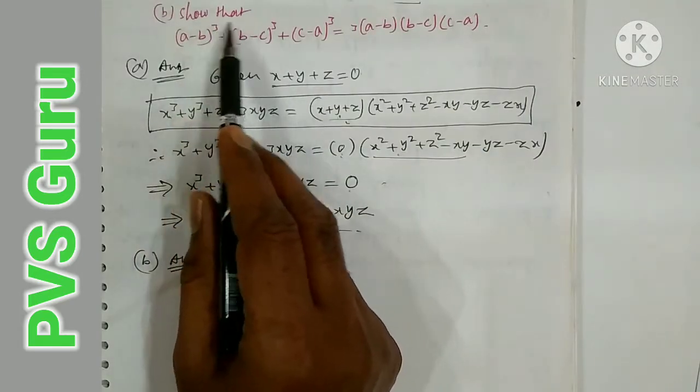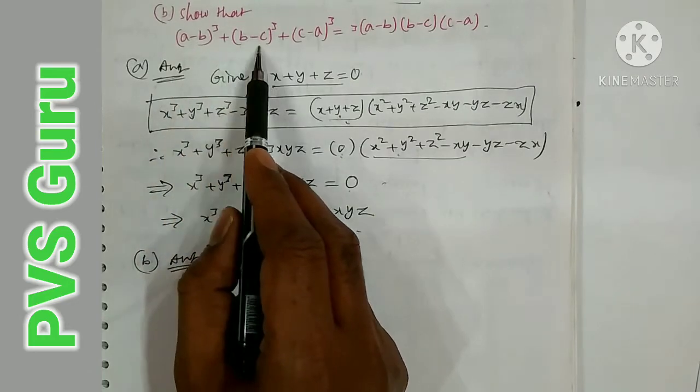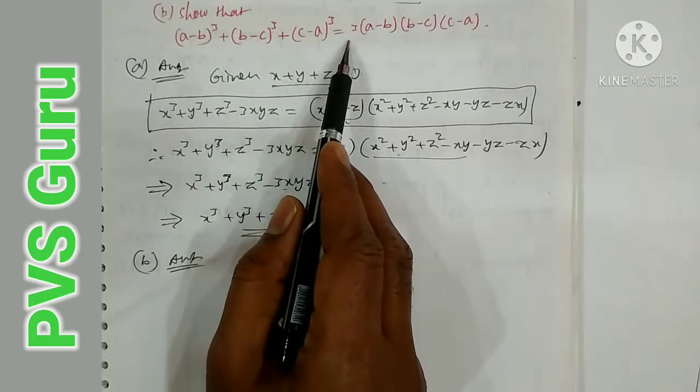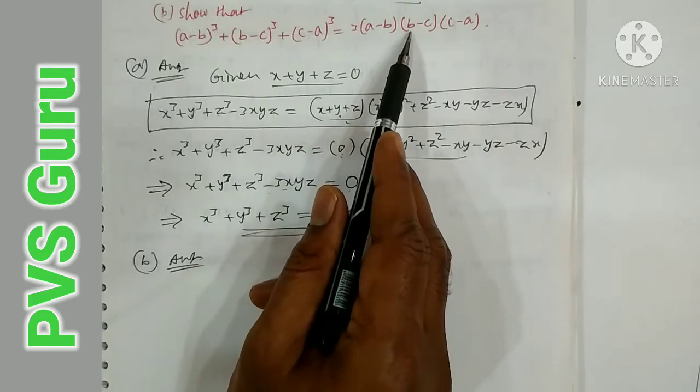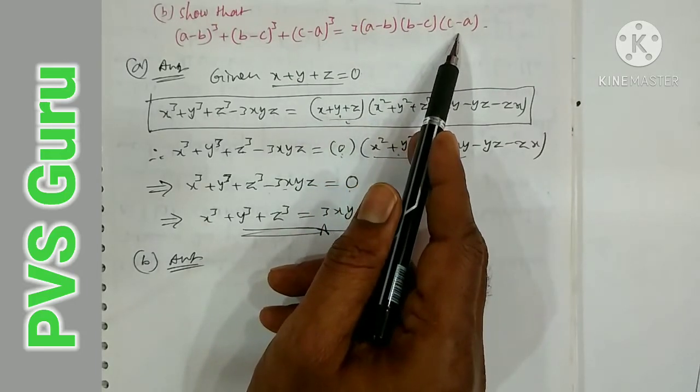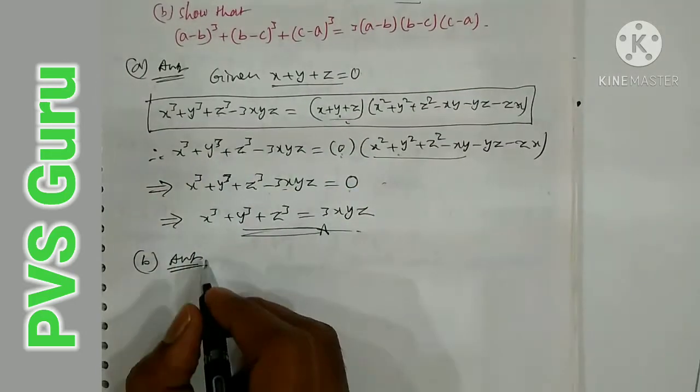Question 13B is given. Show that (a minus b) whole cube plus (b minus c) whole cube plus (c minus a) whole cube is equal to 3 into (a minus b) into (b minus c) into (c minus a).